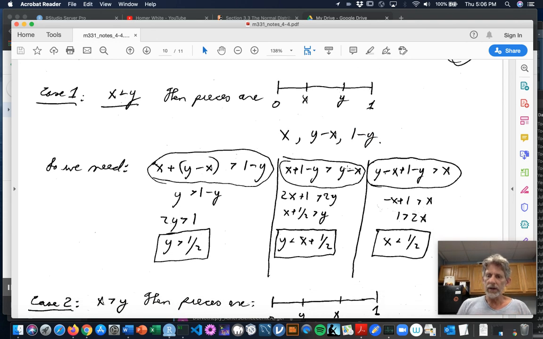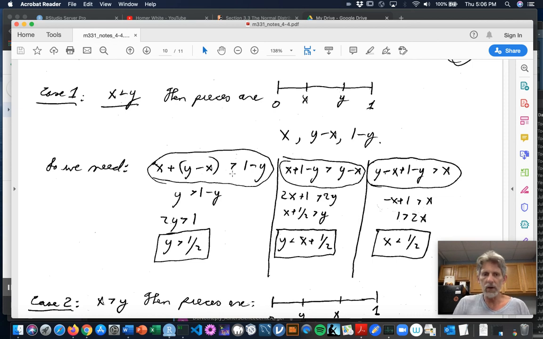And to get a triangle, you would have to have the triangle law applying. The left and the middle would have to make more than the right. The left and the right would have to make more than the middle. And the middle and the right would have to make more than the left.